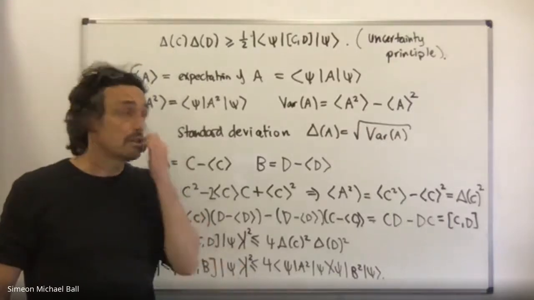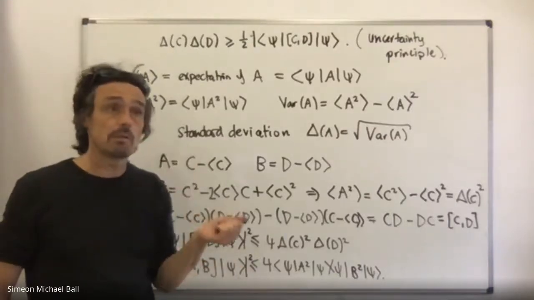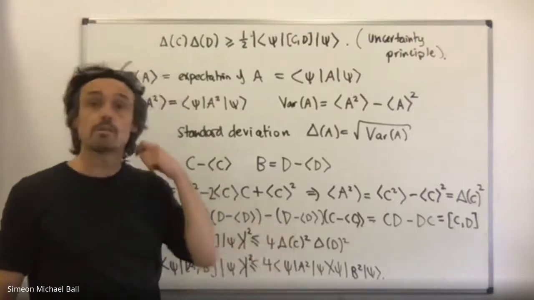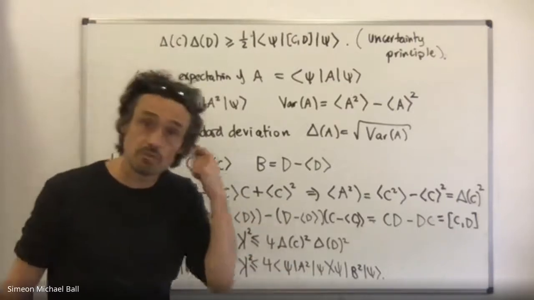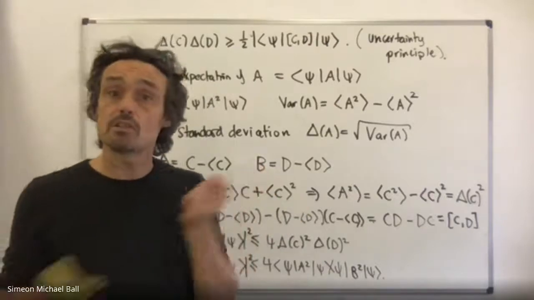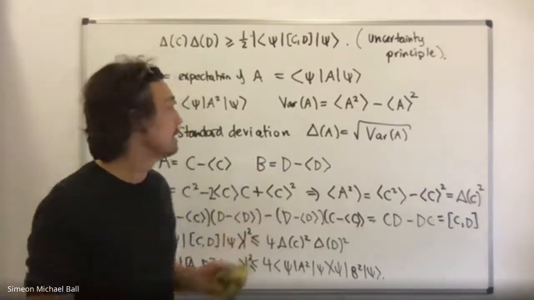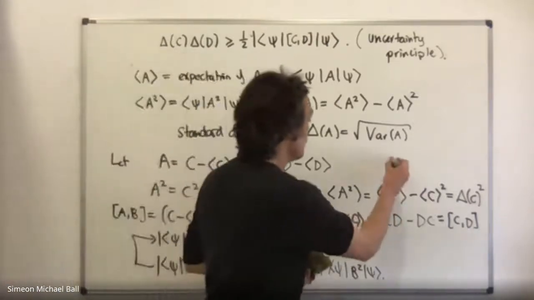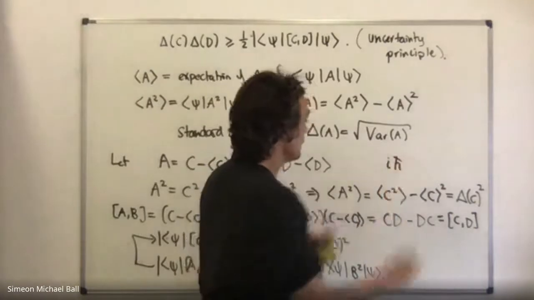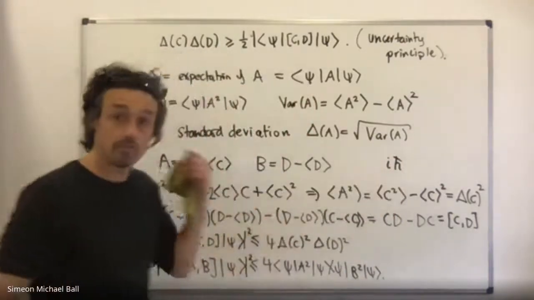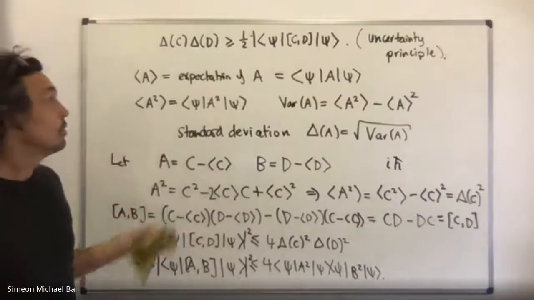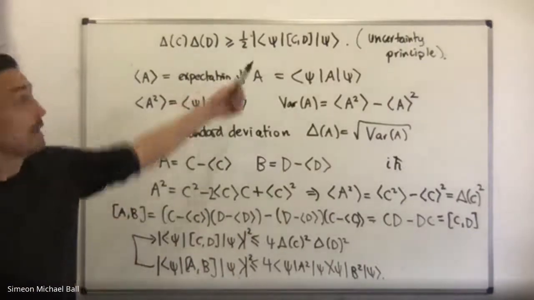So when you measure with the momentum operator, it gives you the momentum. When you measure with the position operator, it tells you the position. And these two Hermitian operators do not commute. In fact, their commutator is i times the reduced Planck constant. So you get some uncertainty between the two.